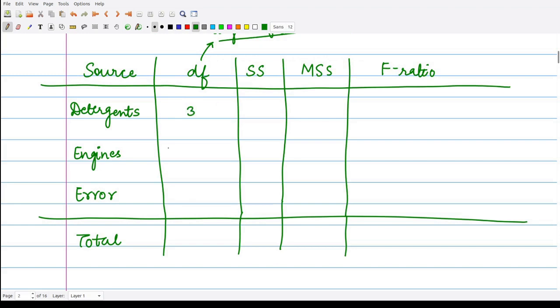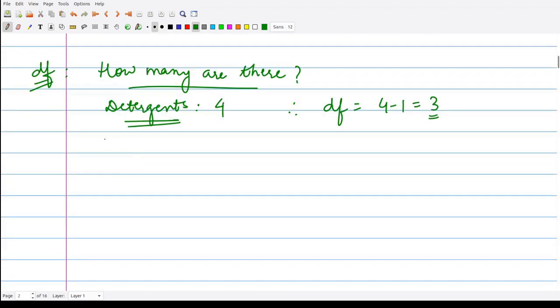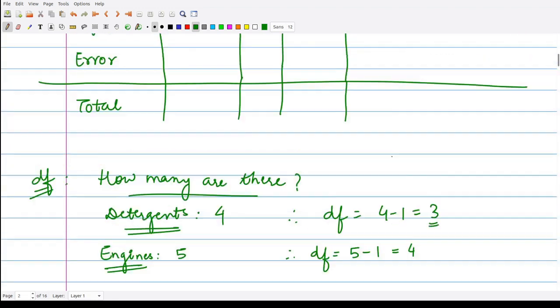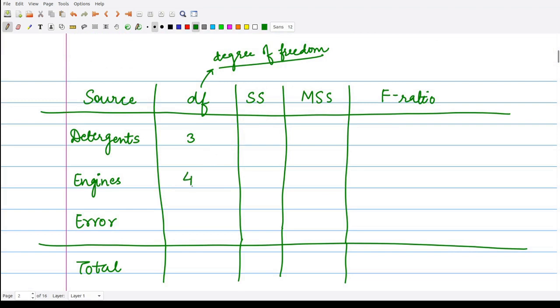Similarly, for engines, how many engines do you have? 5. Therefore, our degree of freedom in this case is 5 minus 1, so that is 4. So we'll write 4 here. We do not know about error yet; we will calculate it by some other method. So we can talk about total.